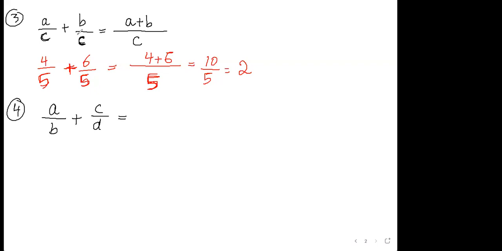Before we had the same denominator, C, C. Here B and D are different, so we do cross multiplication.